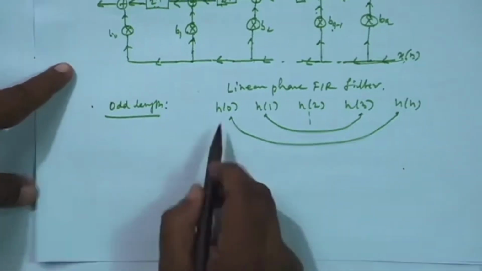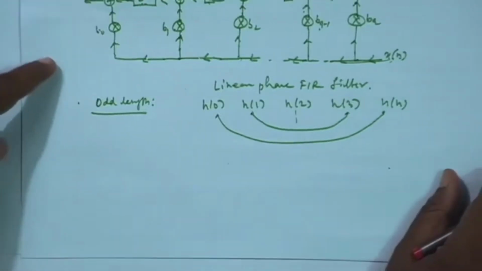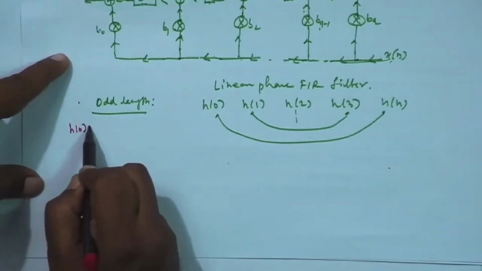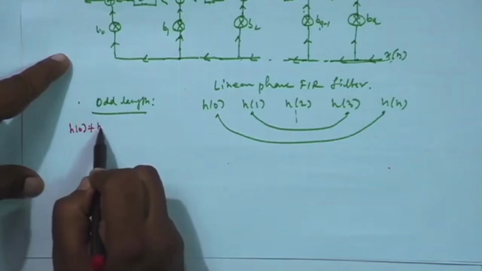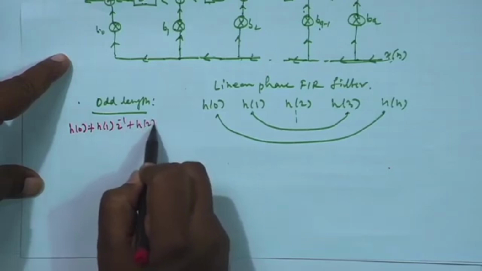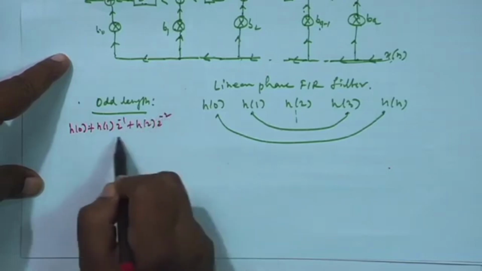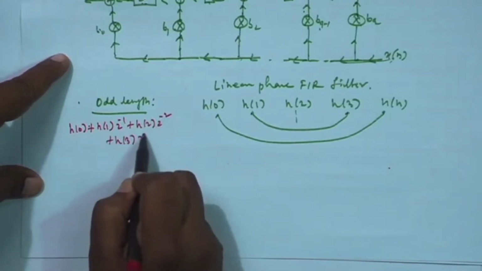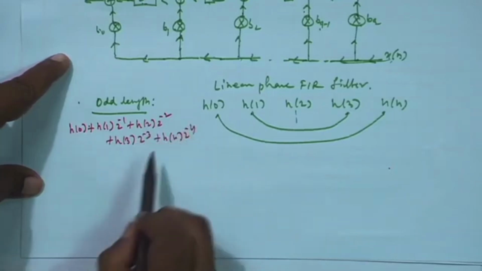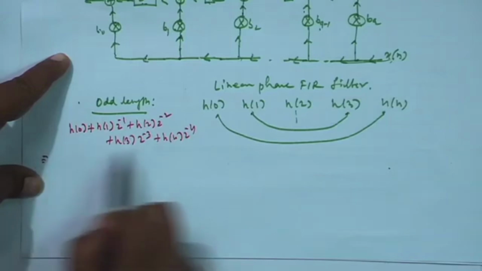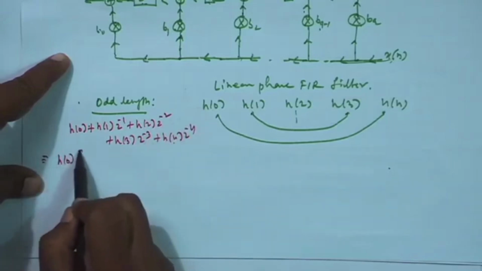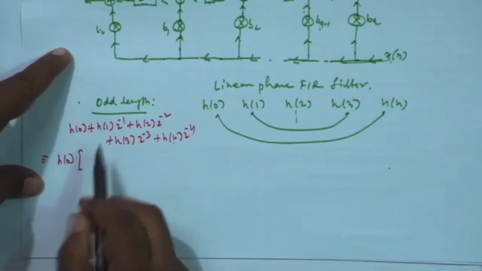Transfer function is H0 plus H1 Z inverse plus H2 Z inverse 2 plus H3 Z inverse 3 plus H4 Z inverse 4, right. This is the general form I am writing. But that is equivalent to, if you have H4 equal to H0, so you take H0 common.